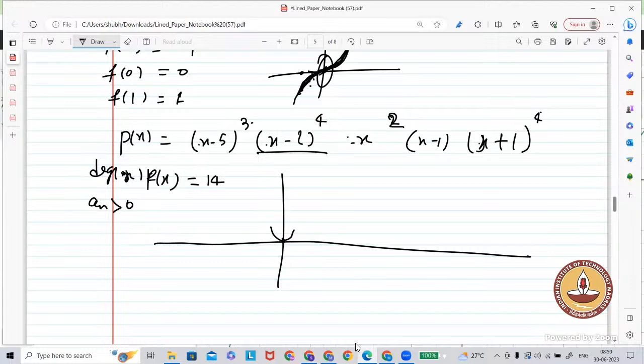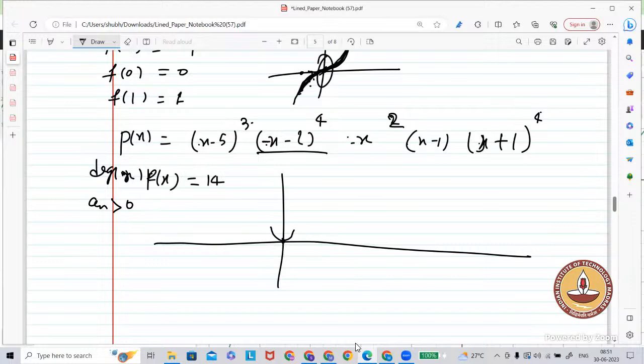If any one of them is negative, you need to decide whether it becomes negative or positive. Suppose I make this factor negative, minus (x minus 2). What is the coefficient in that case?